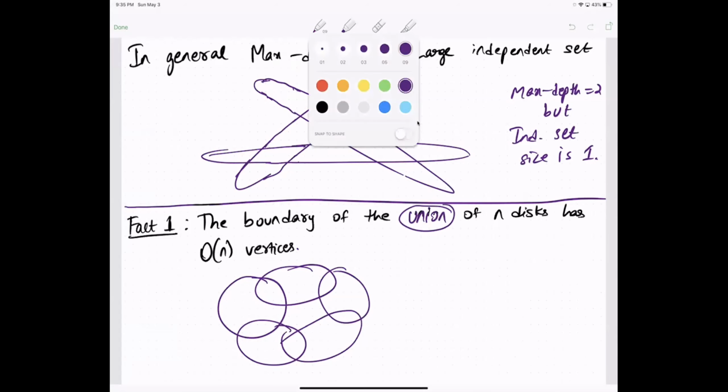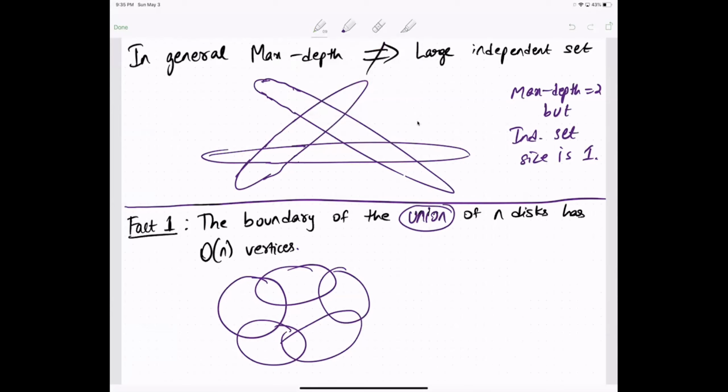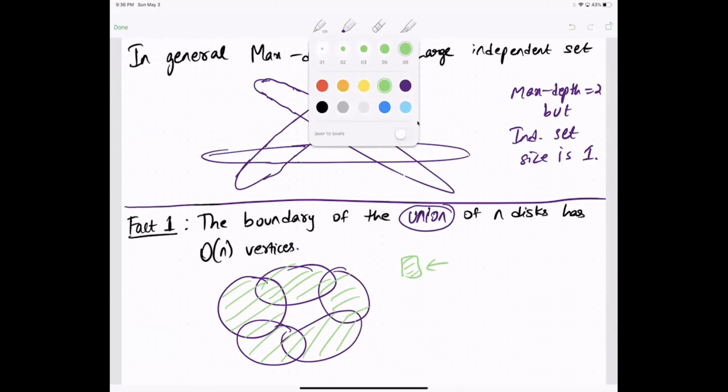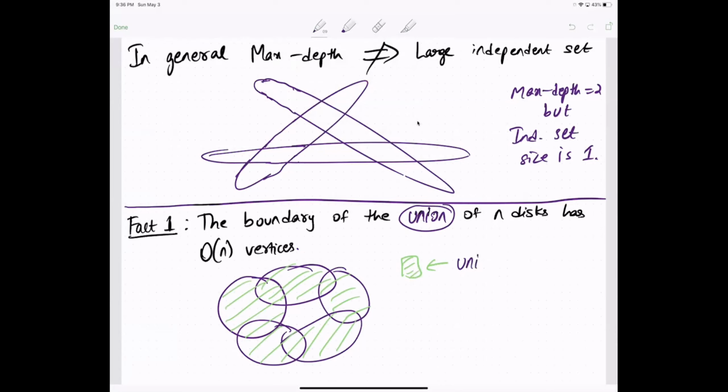So let me shade that region. That's the union of disks. So in the entire two-dimensional space, which is the portion which is being occupied by these disks? That will be called the union of disks, and that I have shown in this green shaded region.